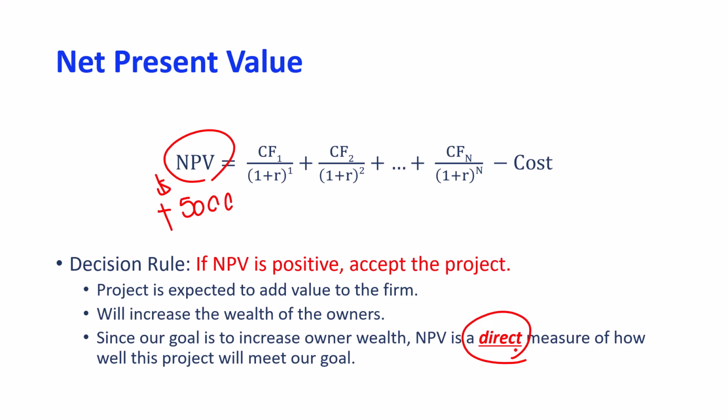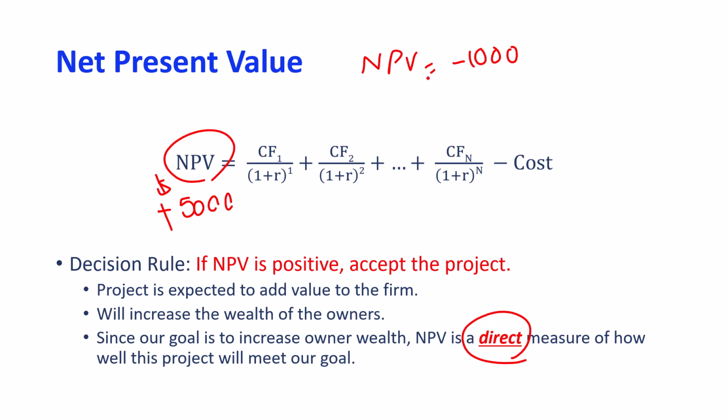And just so you know, what happens if you invest, for example, in a project with an NPV of negative $1,000? With the NPV rule, we have to reject this. If you invest in this project, that means you're going to invest $1,000 today and receive nothing in the future.